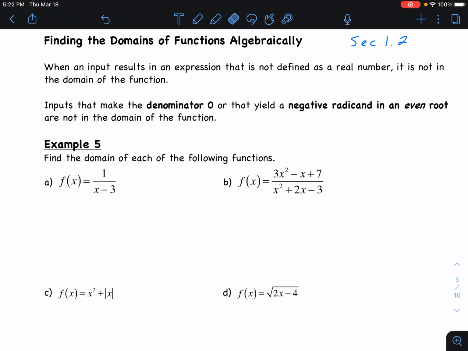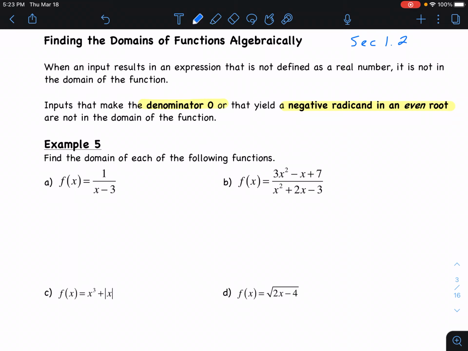Okay, so again, inputs that make the denominator 0, if you have an x in the denominator, or that yield a negative radicand in an even root, such as square root and fourth root and sixth root, etc. They're considered not in the domain of the function, like I showed you with the basic examples.